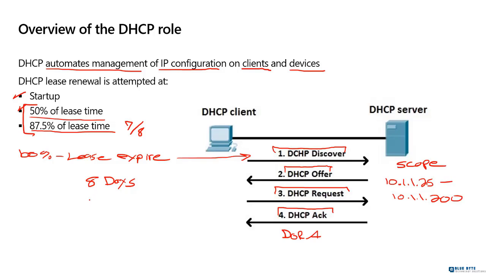It'll try to renew at day 4. Then it will try again at day 7 to renew. Now, that's just an FYI. It's unimportant because you can't adjust the 87.5, but that's how they settled on that number. Now, if you make this a 1-day lease or a 30-day lease, it still attempts to renew at 50% and 87.5. So you can't adjust that or anything. Just an FYI.